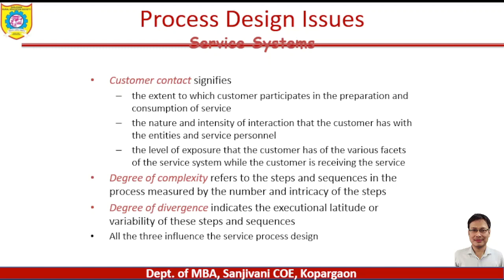Or else we can design a service delivery process whereby customer contact is very high, as in the case of five-star or seven-star hotels. And the level of customer contact will lead to the second element, the degree of complexity. I mean, these two elements are highly correlated.